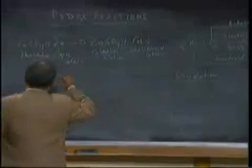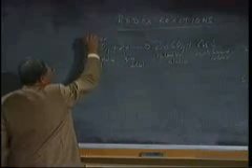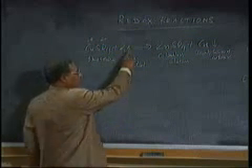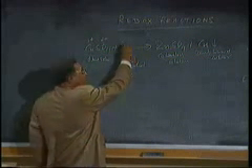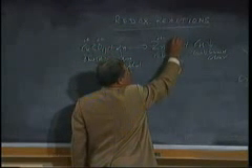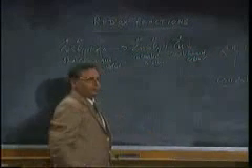Now, this sulfate has got 2 negative charge and copper has got 2 plus. And what is the charge on zinc? No, 0. And here it is 2 plus, and this is 2 minus, and here it is 0.